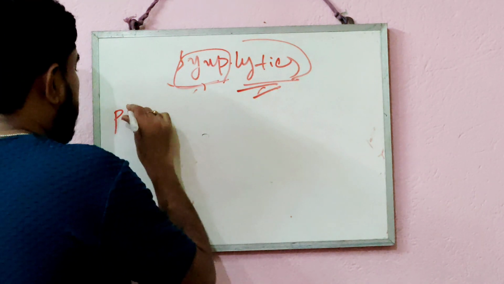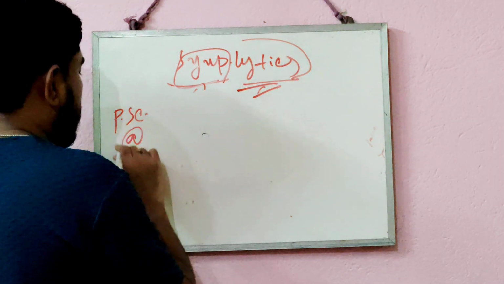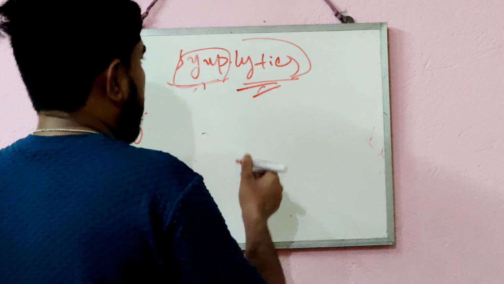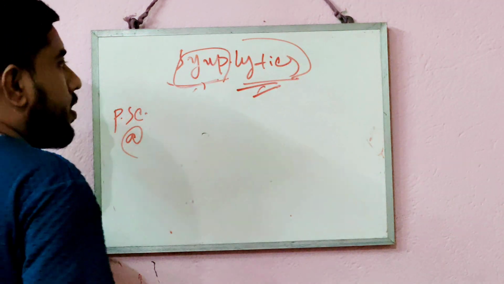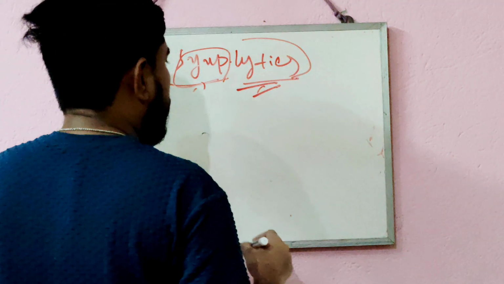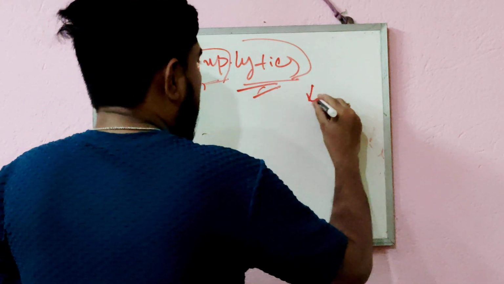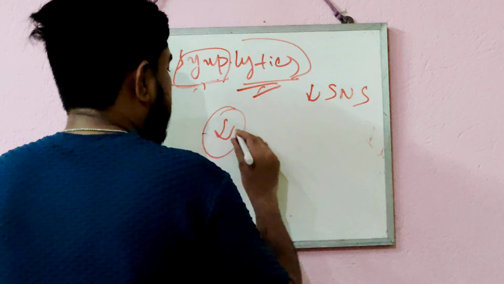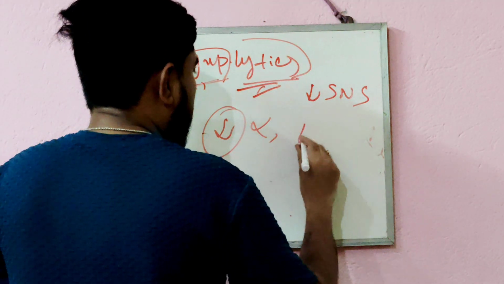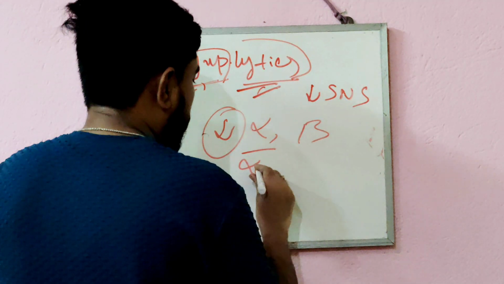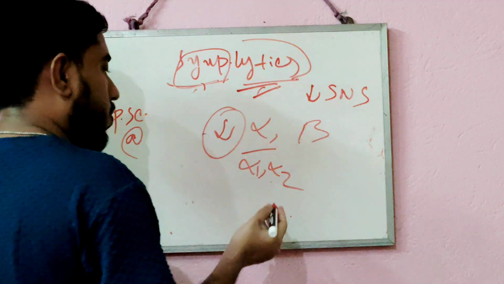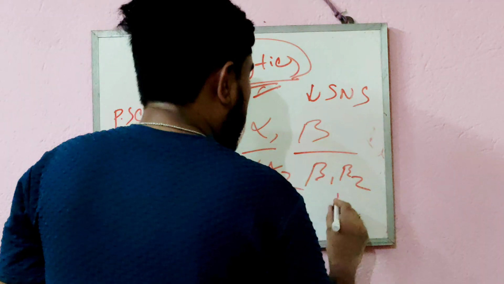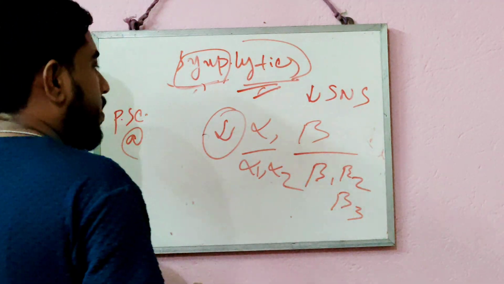Sympatholytic drugs oppose the action of the sympathetic nervous system by inhibiting the action of alpha and beta receptors. Both alpha 1 and alpha 2 will be blocked, and beta 1, beta 2 and beta 3 functions will also be inhibited.